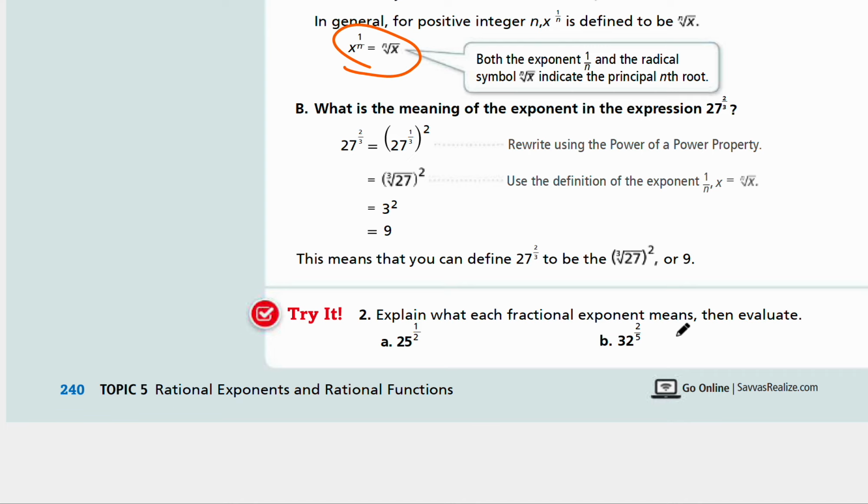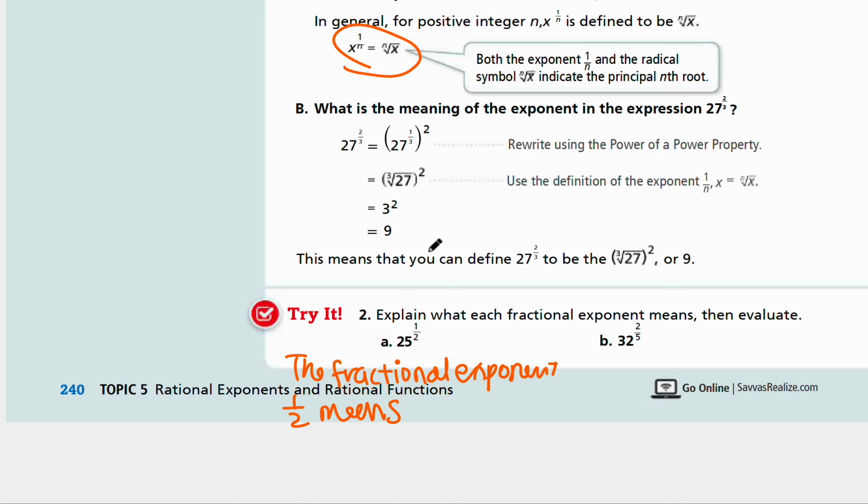Okay, are you ready? All right, so part A, 25 to the power of 1 over 2. What does the fractional exponent 1 over 2 mean? The fractional exponent 1 over 2 means it's the square root.